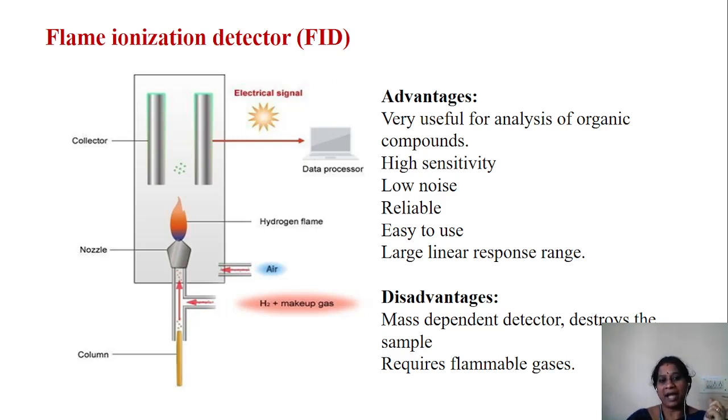This flame ionization detector is widely used because it is useful for analysis of organic compounds, and it is a highly sensitive instrument with low noise, highly reliable, and easy to use with a large linear response range. The disadvantages include that it is a mass dependent detector, which means it destroys the sample, and it requires a flammable gas for its detection.